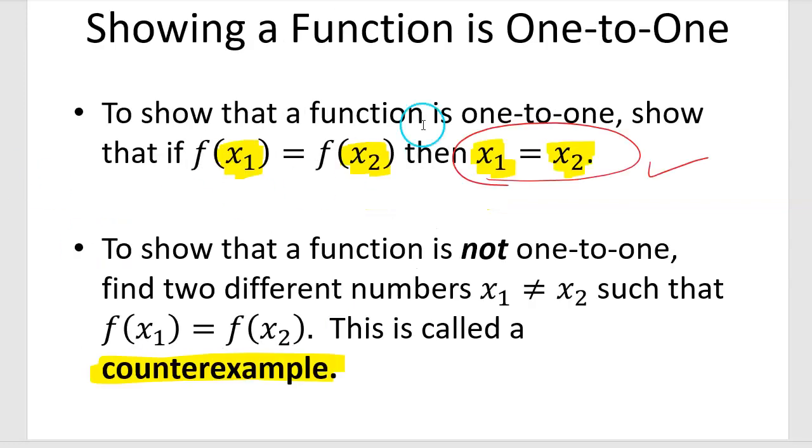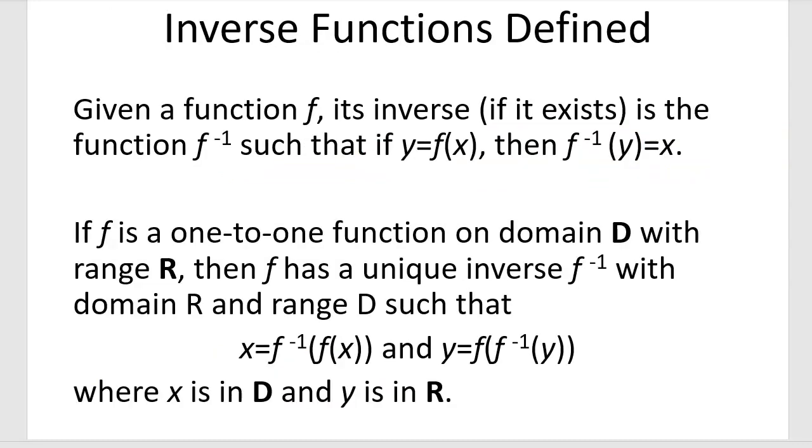So going back to this, this is just, like I said, some formal language to get you thinking about the algebra behind justifying whether a function is one-to-one. The reason we have to worry about that is because when we are finding our inverse functions, we can only find an inverse if a function is indeed one-to-one.